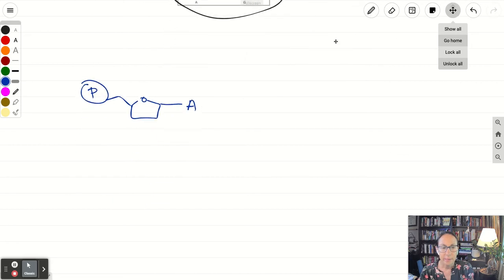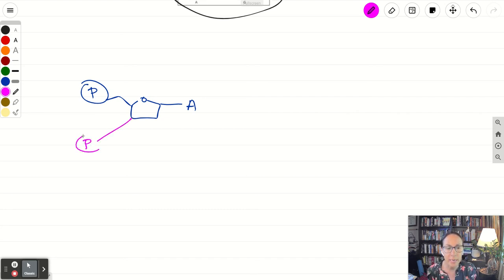Okay, then the next nucleotide gets bound through a dehydration reaction. Okay, so we're building bigger molecules. And the phosphate group to the next nucleotide is bound to this third carbon here. And so here is the next nucleotide.